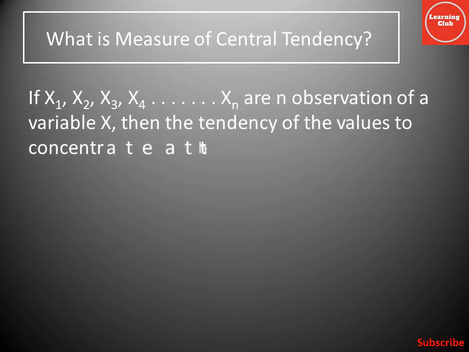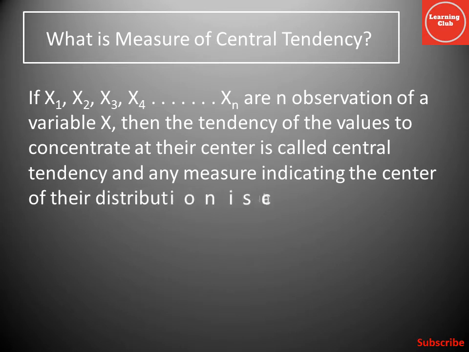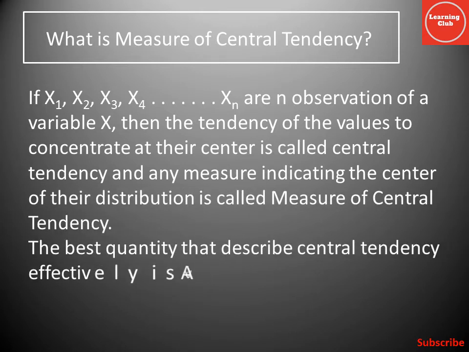In order to answer this question, suppose that we have n values x1, x2, x3 and so on up to xn of a variable x. Then the tendency of values to concentrate at the center is called central tendency, and any measure indicating the center of their distribution is called the measure of central tendency.